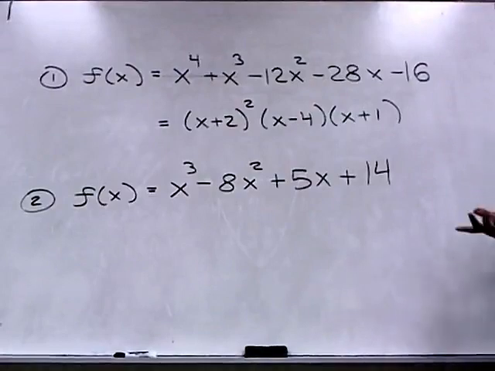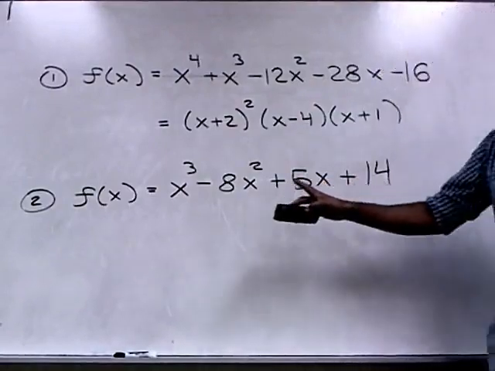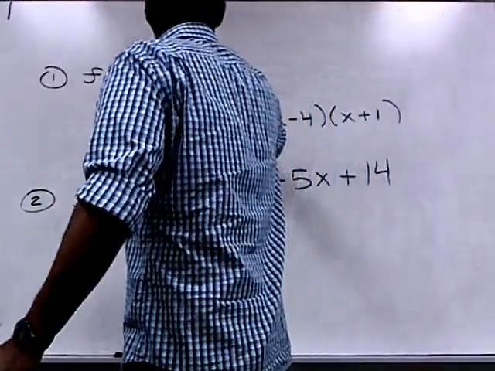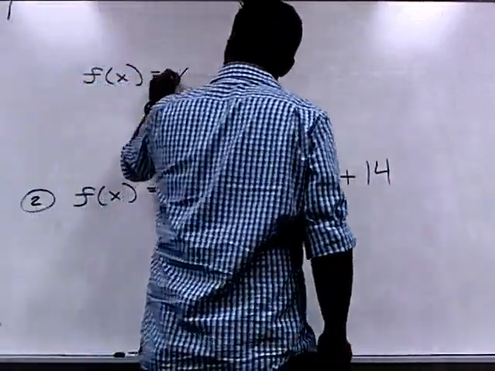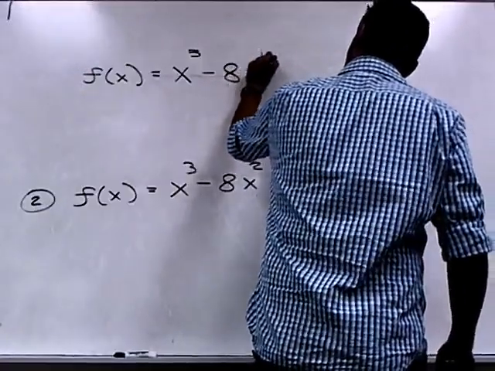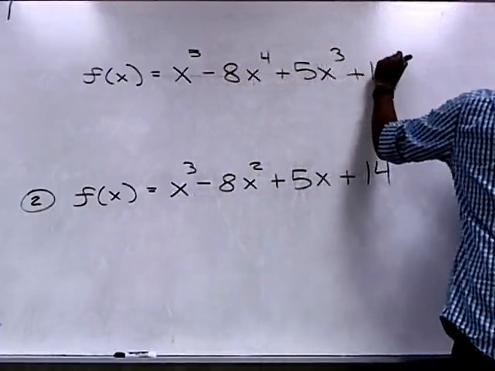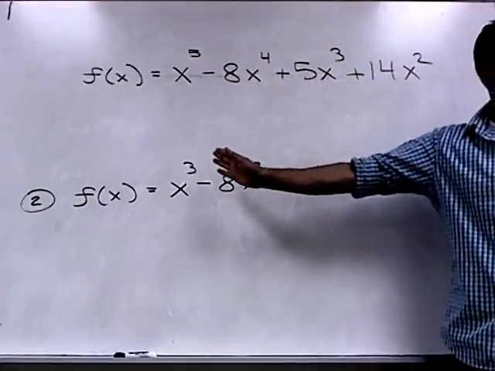Something that I could do on a test instead of this is just add an x squared to all of these. So make it something like x to the 5th minus 8x to the 4th plus 5x cubed plus 14x squared. Everyone see all I did was multiply everything by x squared?